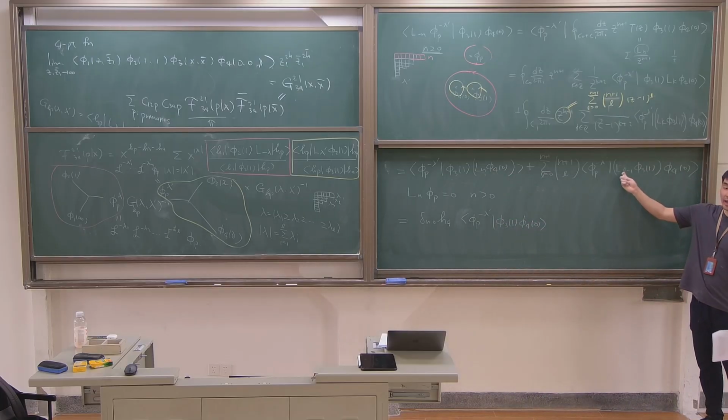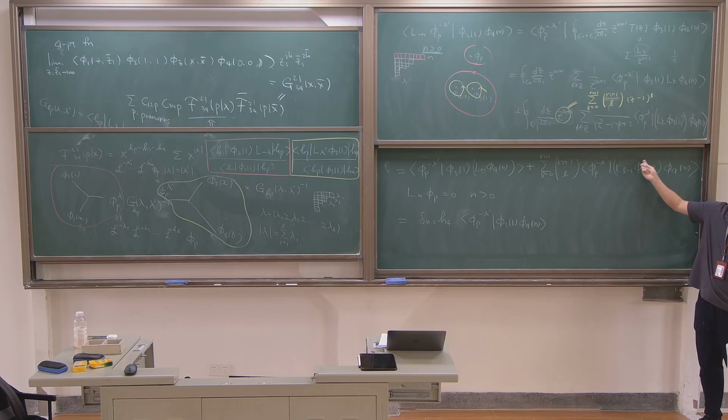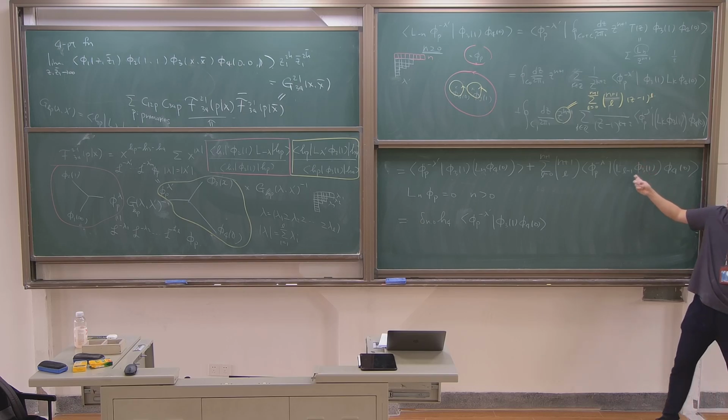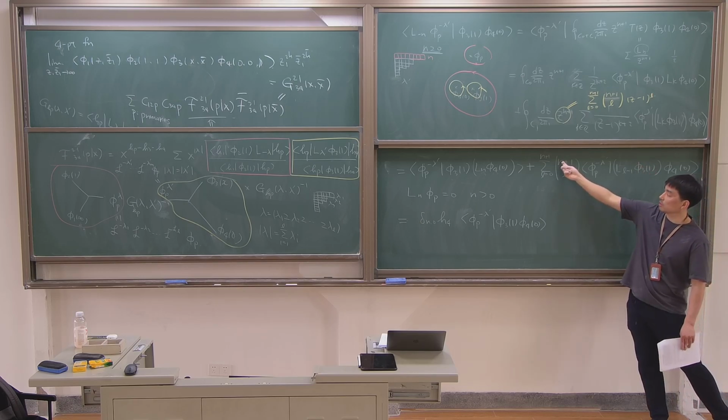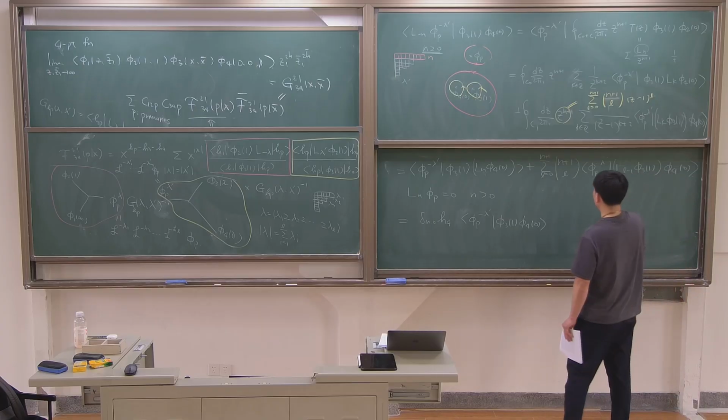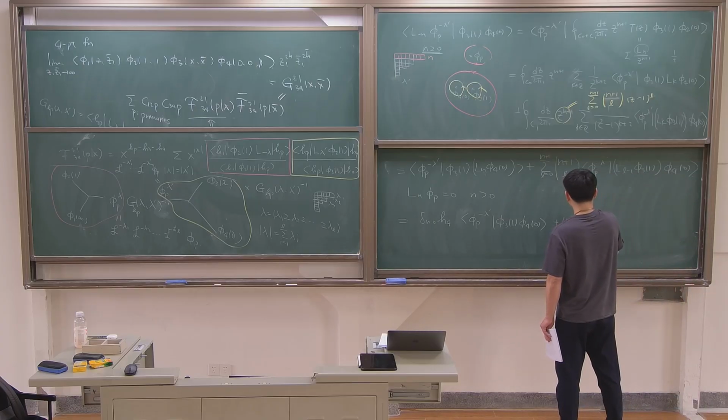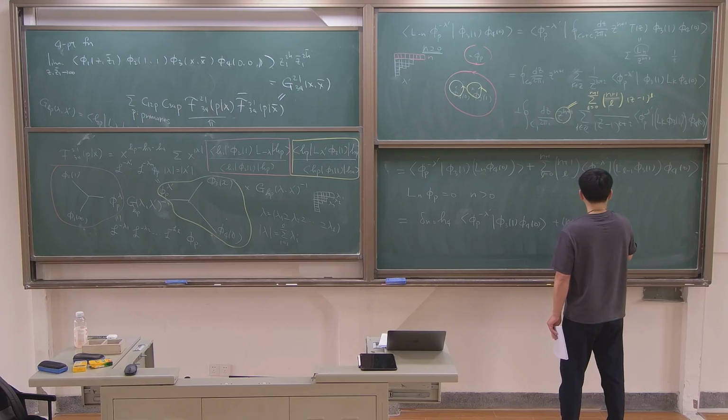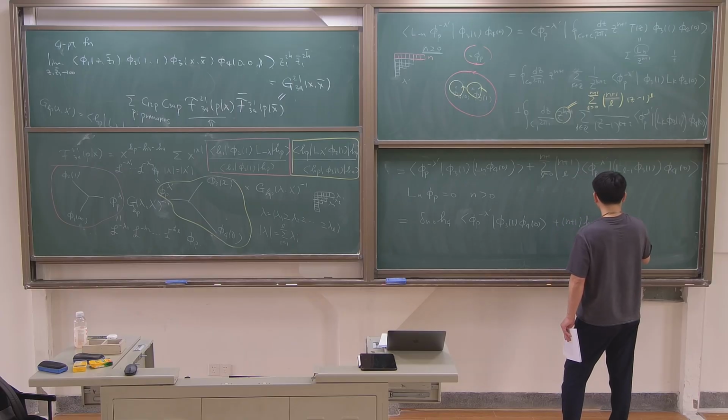And when L equals 1, this will again give you the conformal dimension for H3, for phi 3. When L equals 1, this will pick n plus 1 and H3, and then the same piece.